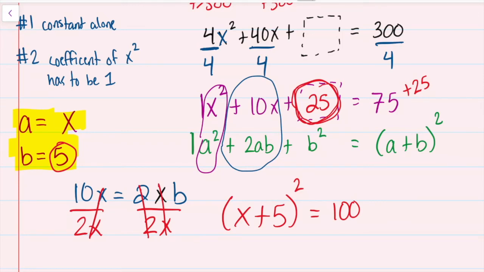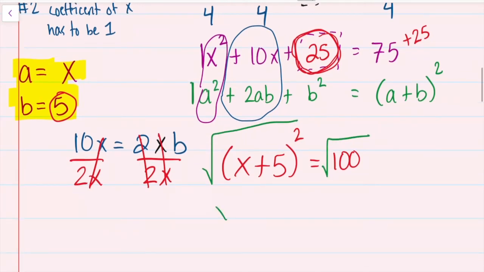Now let's go ahead and solve for x. Let's find the square root. So we have x plus 5 is equal to, what's the square root of 100? It could be actually two different things. It could be a positive or a negative 10. Because remember, guys, 10 squared is 100. Or negative 10 squared could also be 100.